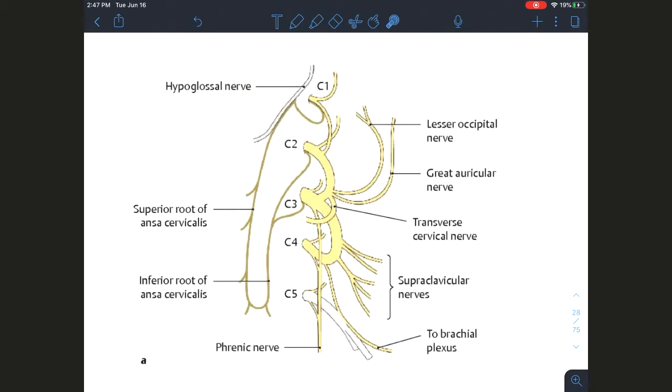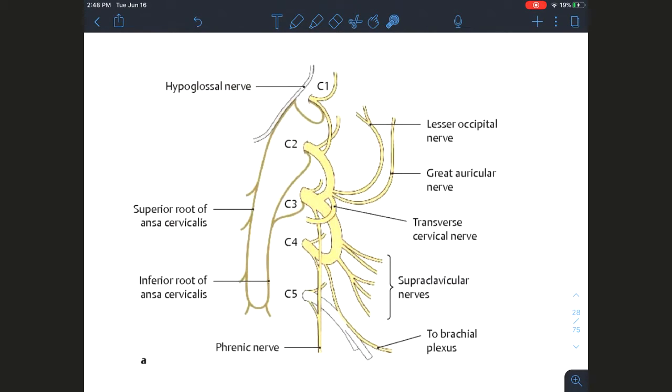So the branches off the ansa cervicalis, all these little sticks that are coming off of that loop, are all going to innervate the infrahyoid muscles. So the muscles that are below your hyoid bone.